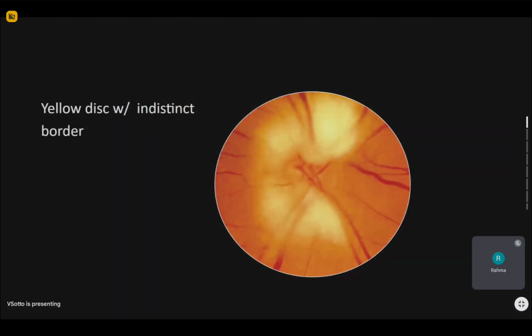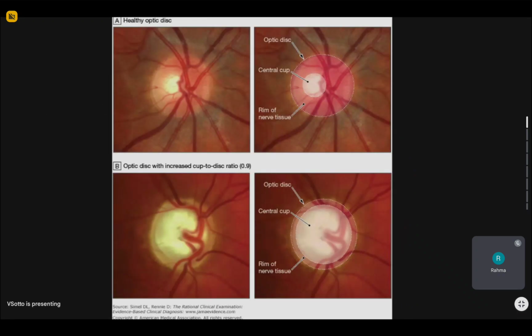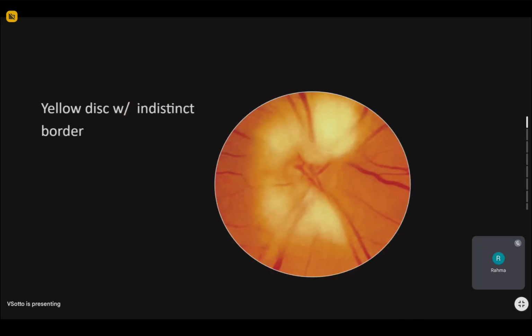Yellow disc with indistinct disc border. You can't appreciate the disc borders already, as compared to this wherein you can delineate the borders. There's a round border. Compared to this, there's no definite border you can appreciate. So record it as indistinct disc border.